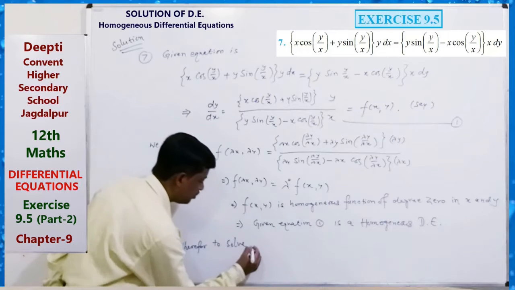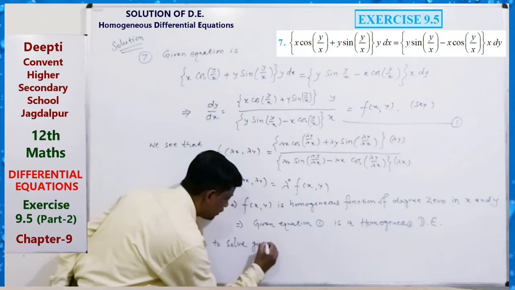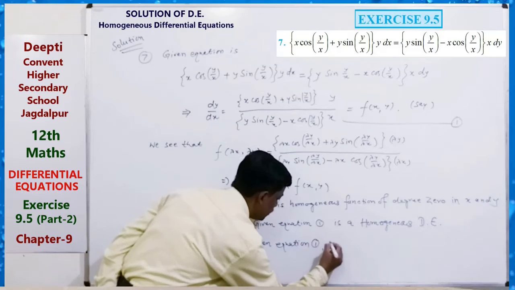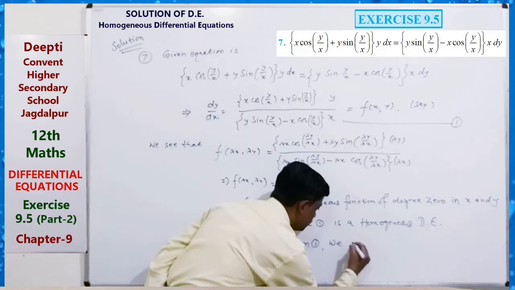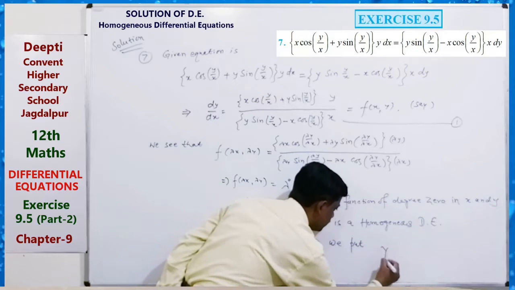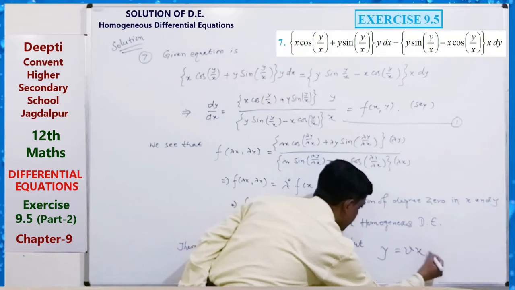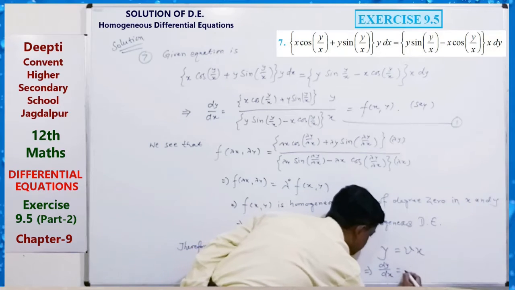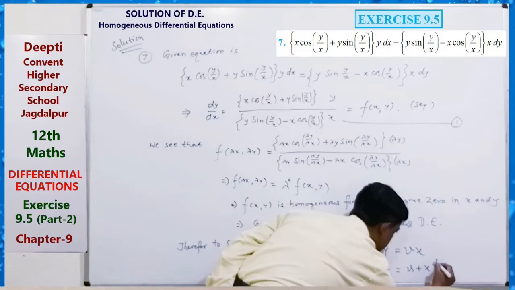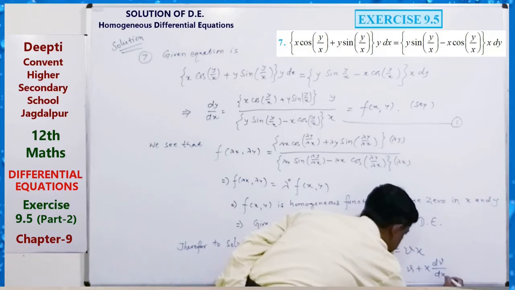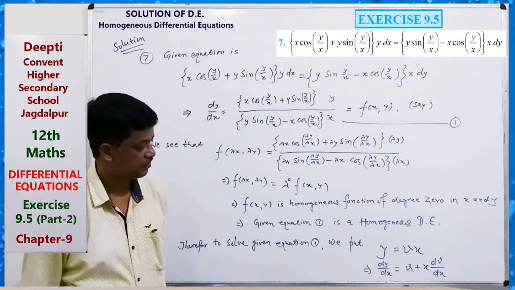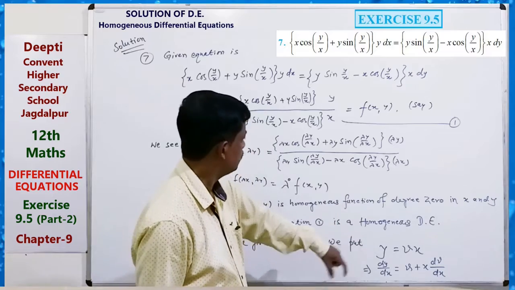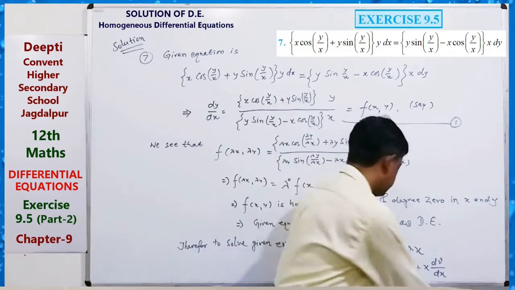Therefore, to solve the given equation 1, we put y equals vx. Differentiating on both sides, dy by dx equals v plus x into dv upon dx, differentiating with respect to x, since v is a function of x. Now put these two values, y and dy by dx, in the given equation.